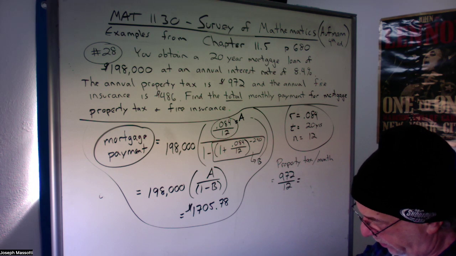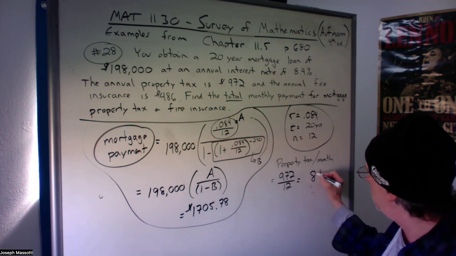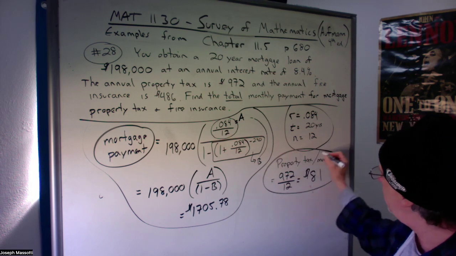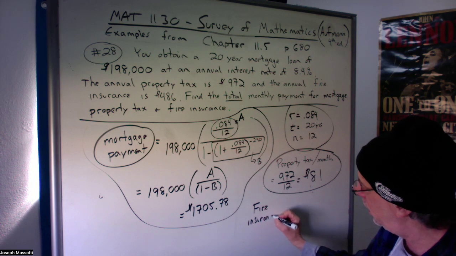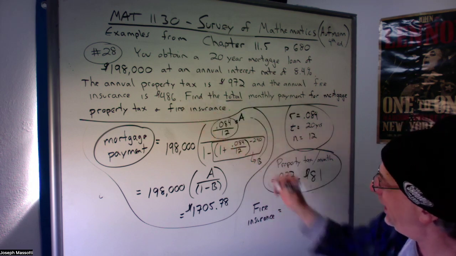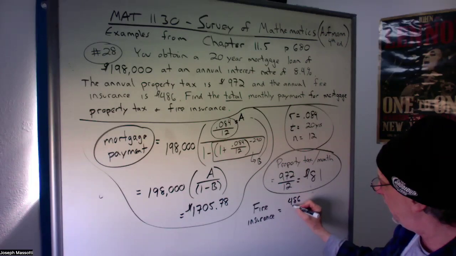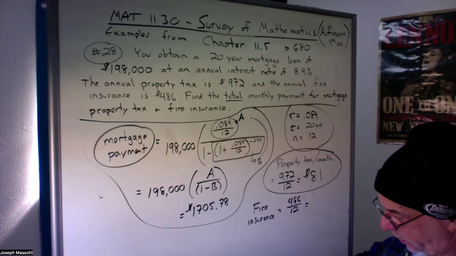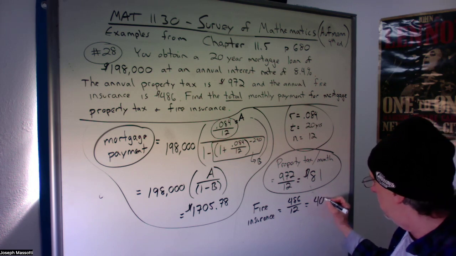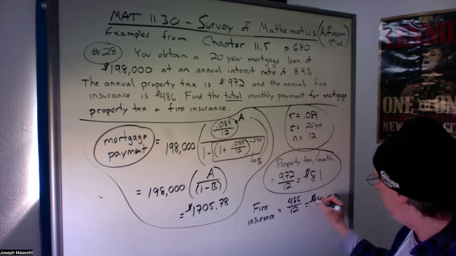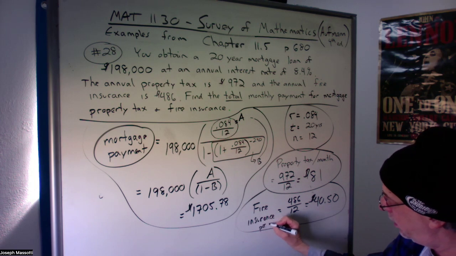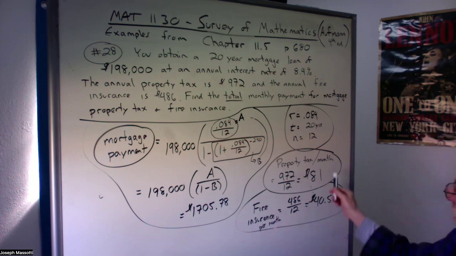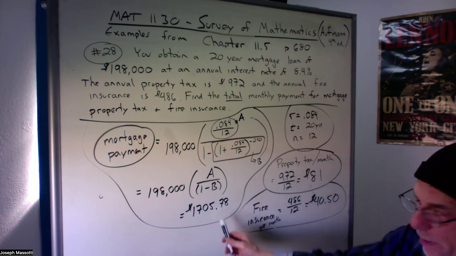That gives us $81 a month for the property tax, and the fire insurance is going to be 486 divided by 12, which gives us $40.50 per month. All right, so that is the fire insurance per month, the property tax per month, and the monthly payment.